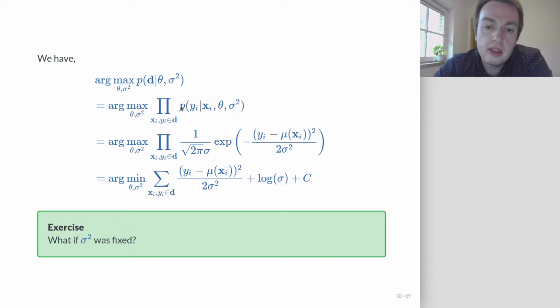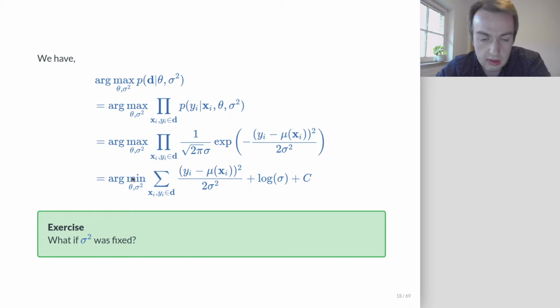Here we have said that this conditional is a normal distribution, so you know the density function for that distribution. You can rewrite it in this way. So you have this factor that depends on sigma that we have to learn, times the exponential of minus the squared distance between the value yi and the mean, in this case mu of xi, which is the output of our neural network, over 2 sigma squared. This maximization of a product of these densities is equivalent to the minimization of the negative log likelihood.